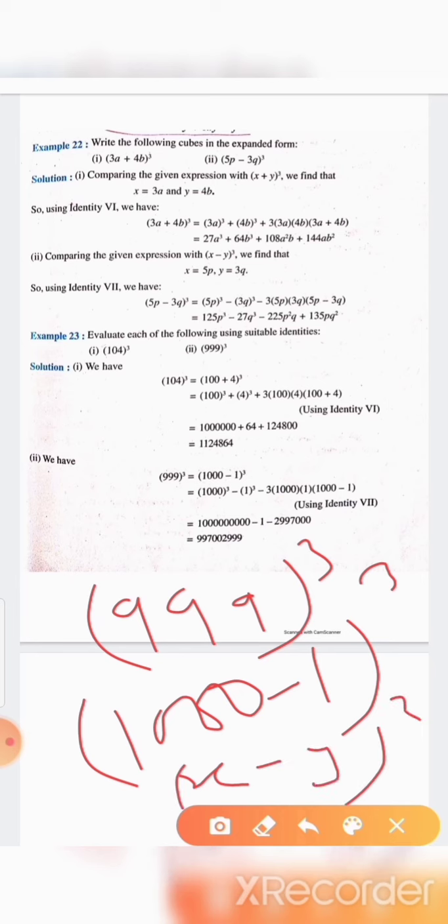Substituting the values in the RHS of identity number 7, we get 1000 cube minus 1 cube minus 3 into 1000 into 1 into (1000 minus 1). Substituting the values and subtracting, we get the answer 997002999.